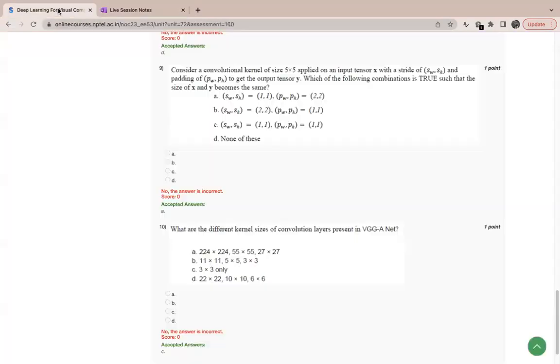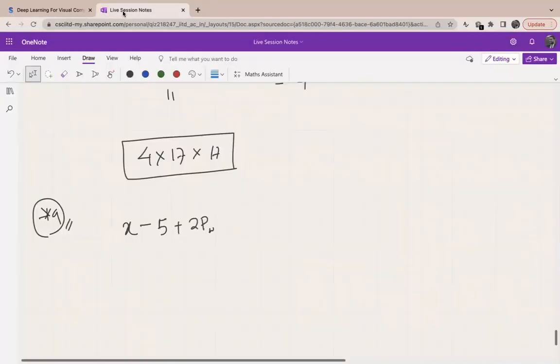Let's just assume that everything is the same, height and width, a square image. So X minus 5 plus 2P by S plus 1 equals Y. Since Y equals X, we can write it here as X.